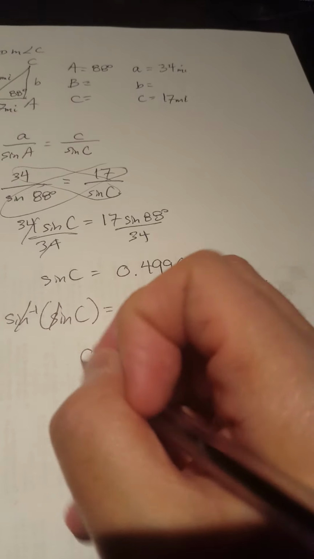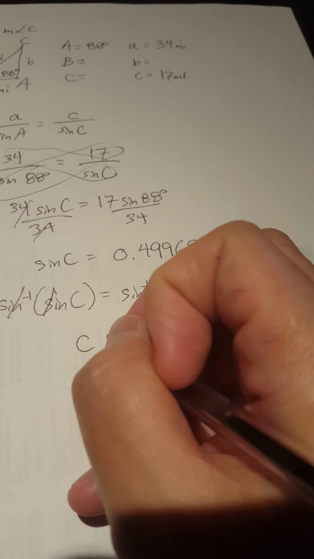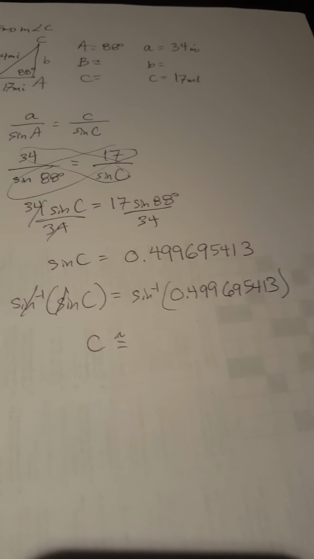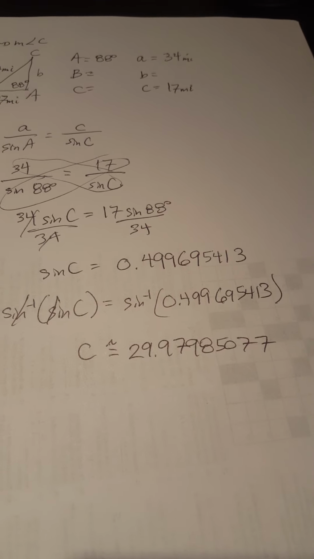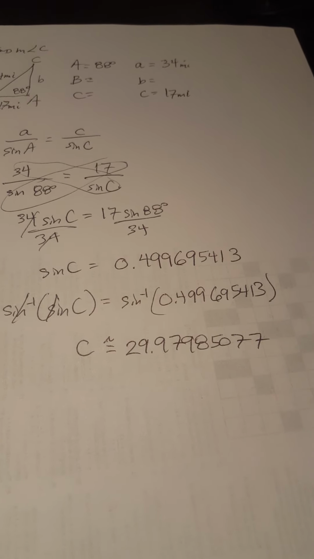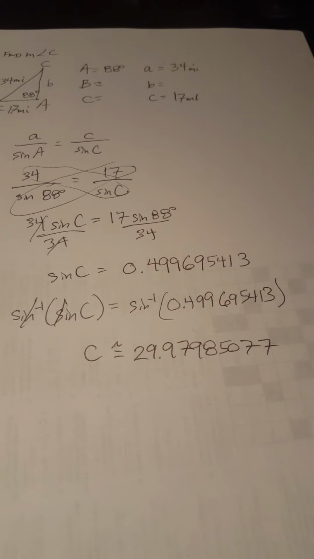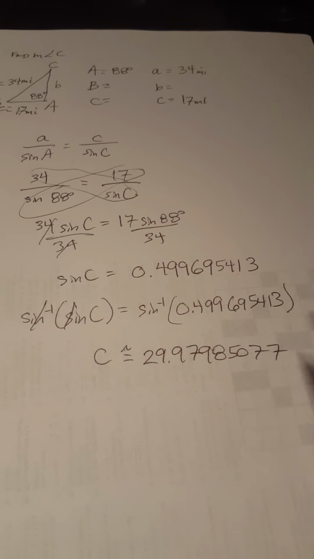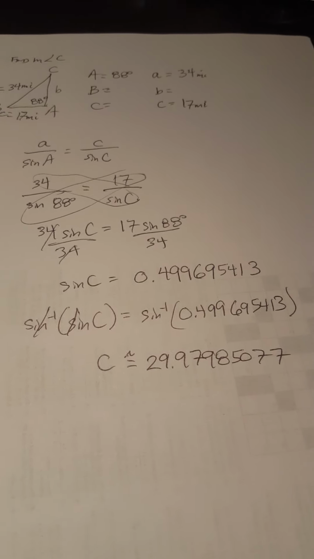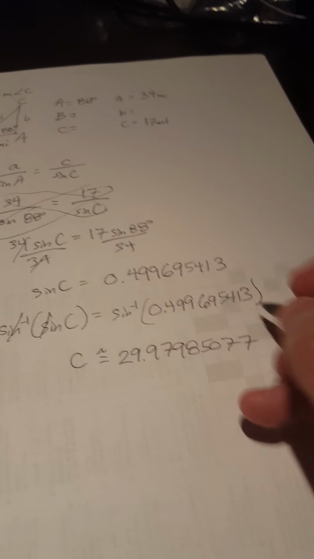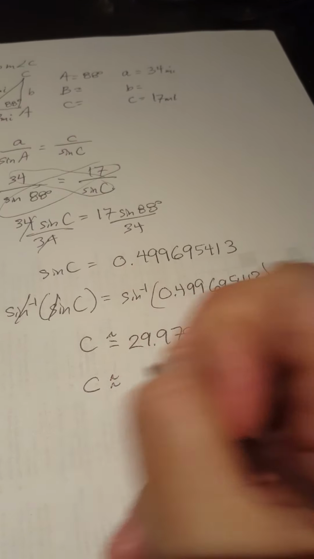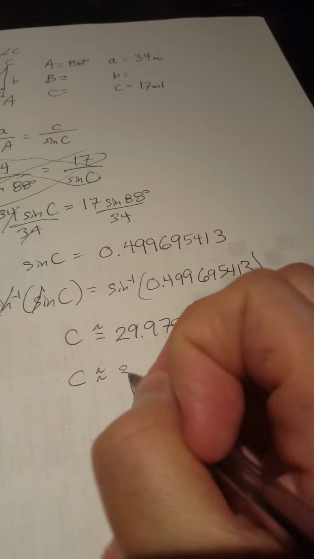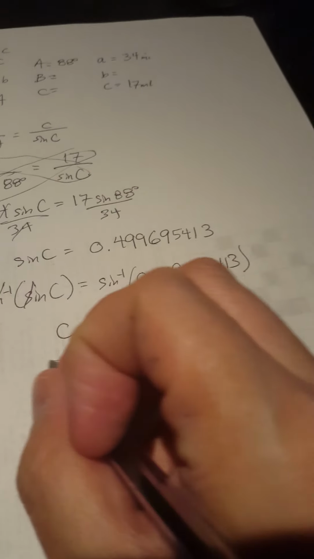This is going to leave us with C is going to be approximately... So when we get the inverse sine of 0.499695413, we're going to come out with 29.97 and so on degrees. So we can say that C is going to be approximately equal to, this is going to round to 30 degrees. Okay?